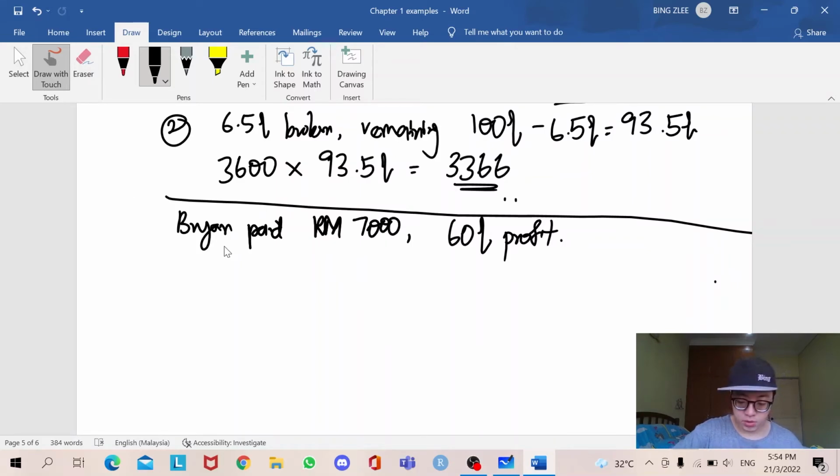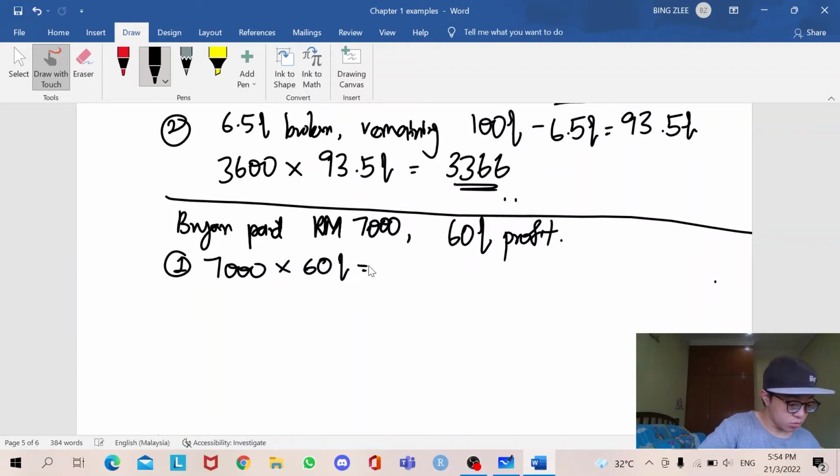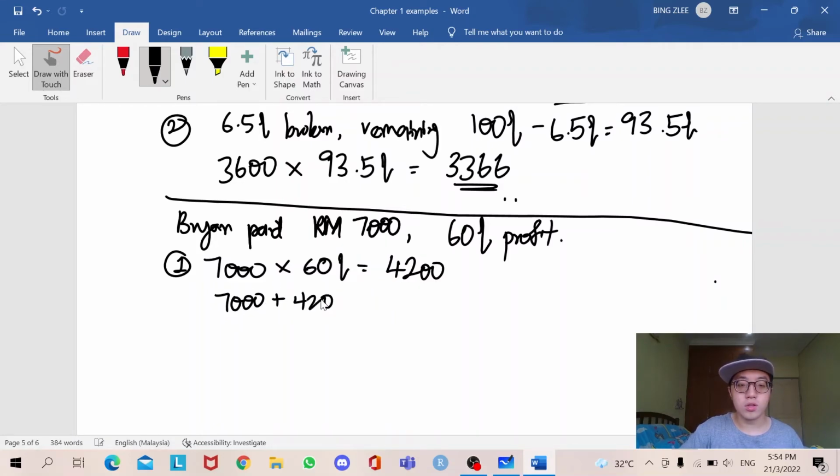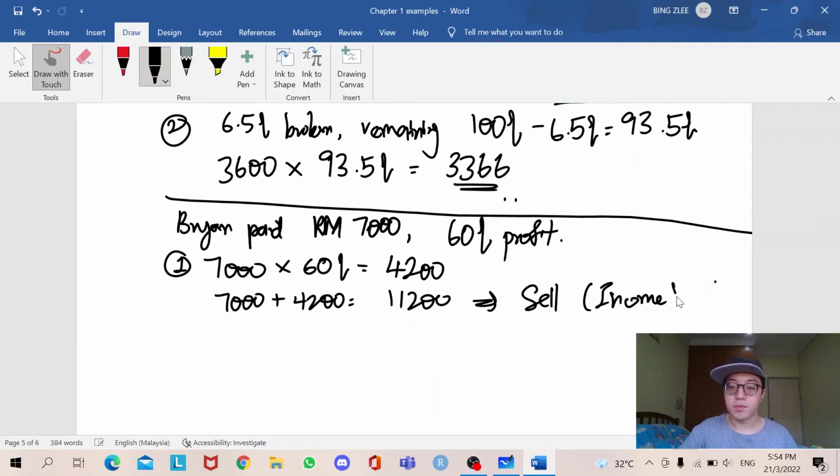All right, so if he paid 7,000, there are two methods to calculate that again. Number one is 7,000 multiplied with the amount of profit that you want to make, and this is 4,200, and after that you will need to add it in so that you will get the amount that you will need to sell, the sell or income, right?